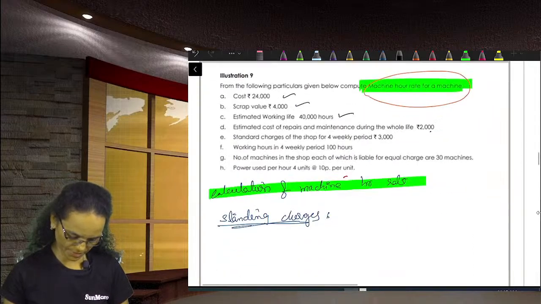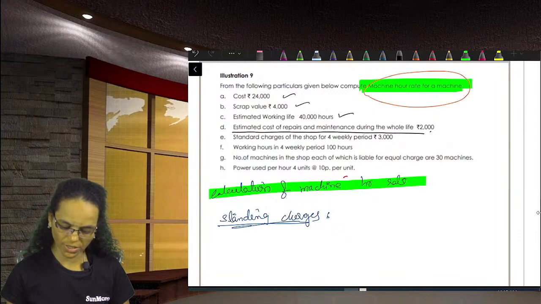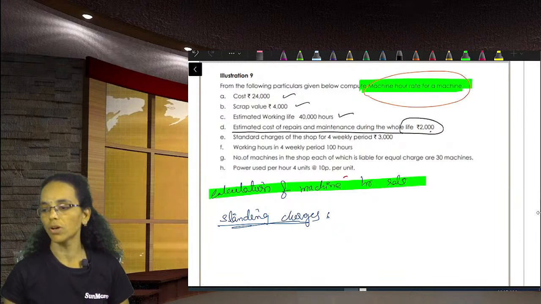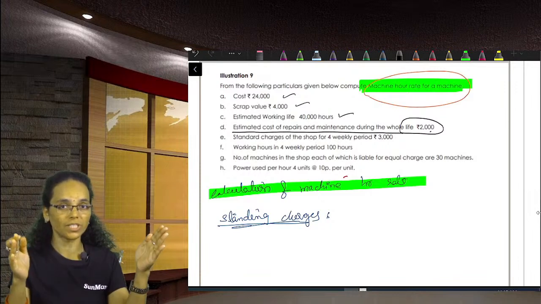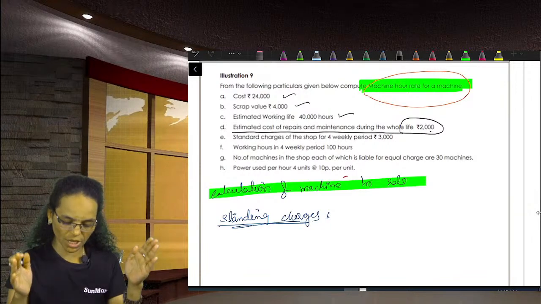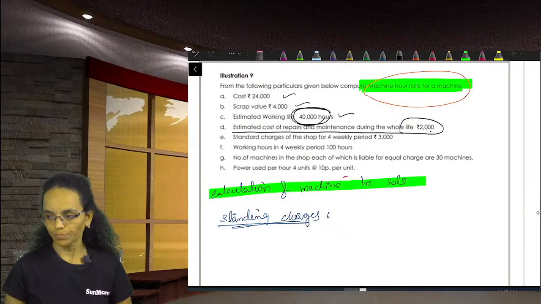Next, estimated cost of repairs and maintenance during the whole life is 2,000 rupees. See, 2,000 rupees is the cost for the whole life of the machinery. For the whole life of the machinery, how many hours is it? For 40,000 hours.